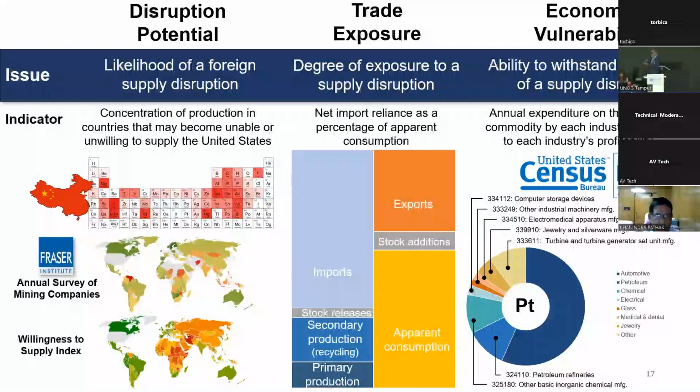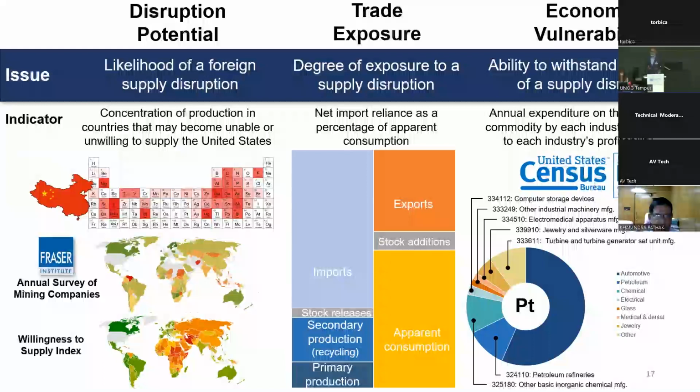So this is a little bit more details on the information that is needed, starting from the left, to calculate the likelihood of supply disruptions, which has some elements very interesting in my opinion, because it also tries to understand the willingness or unwillingness of countries to supply the United States, which is something methodologically quite challenging and interesting.